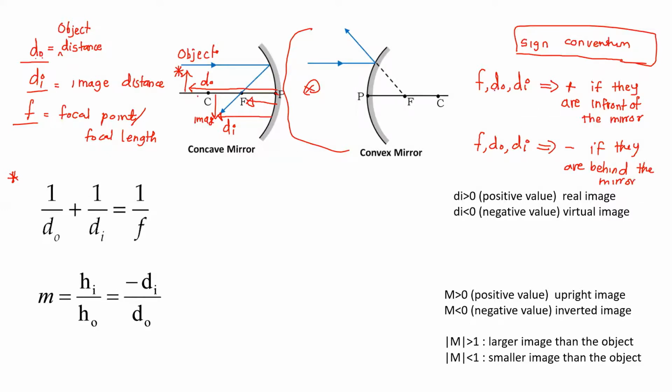So I want you to look at this carefully and tell me the sign of F for a concave mirror and the sign of F for a convex mirror. So check where your F is, whether it is behind the mirror or in front of the mirror?